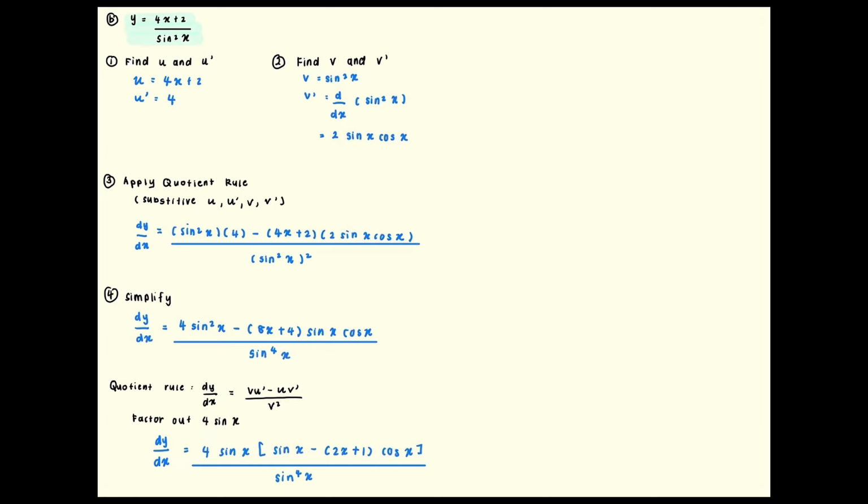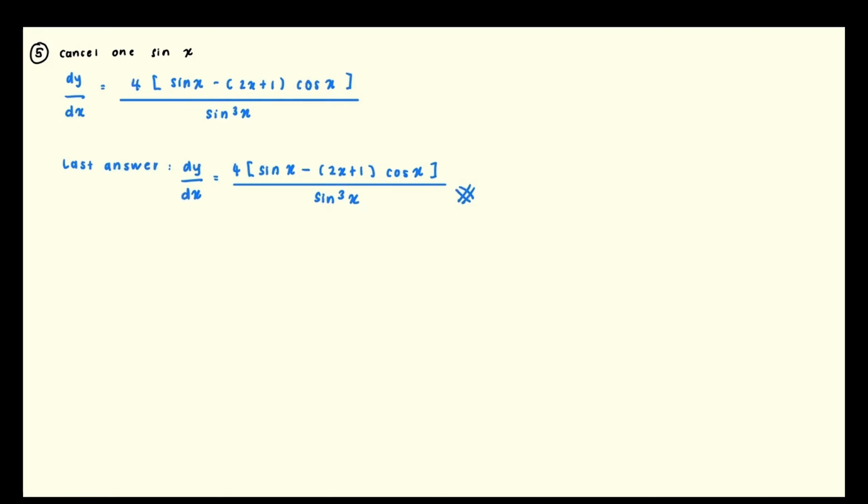For the second term, notice that 4x + 2 is equal to 2 multiplied by (2x + 1), so 2 times 2 sin x cos x is 4 sin x multiplied by (2x + 1) cos x. So factoring out that 4 and the sin x leaves us with (2x + 1) cos x. This gives us dy over dx equal to 4 sin x times (sin x minus (2x + 1) cos x) divided by sin^4(x).